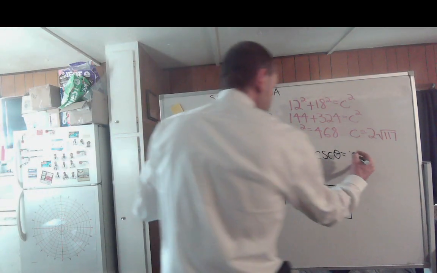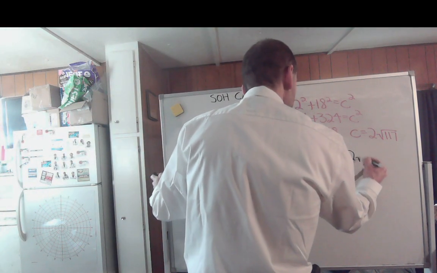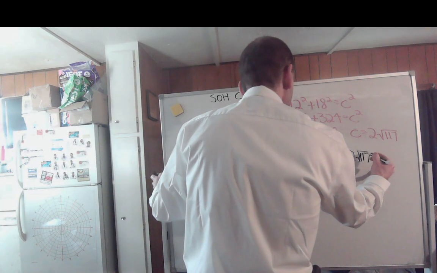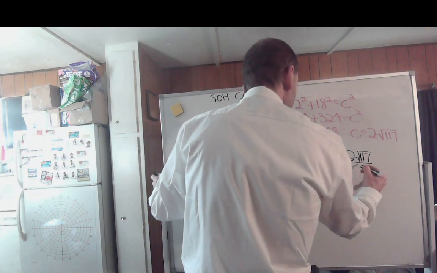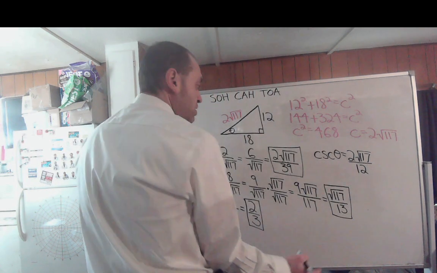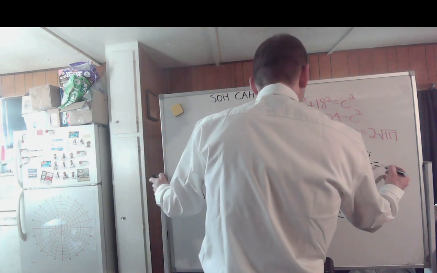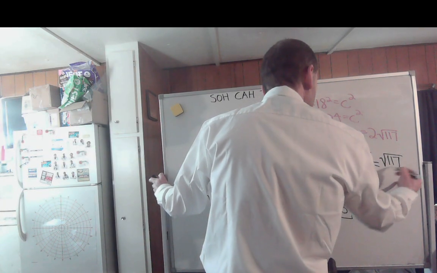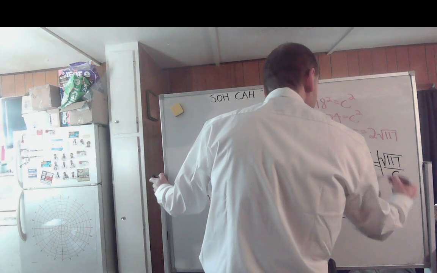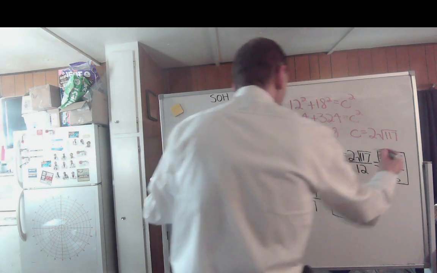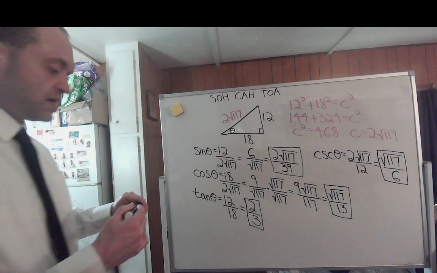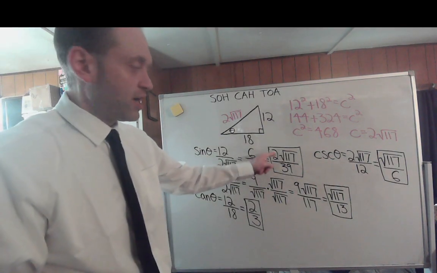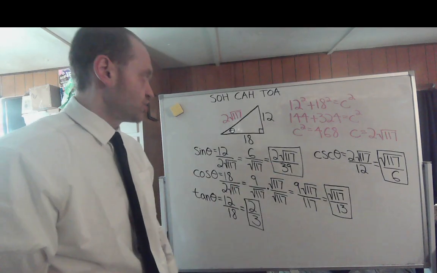So that initially is going to be 2 times the square root of 117 over 12, which would break down into the square root of 117 over 6. So that saves you all that ugly mess of trying to switch numerator and denominator, then having to rationalize again.